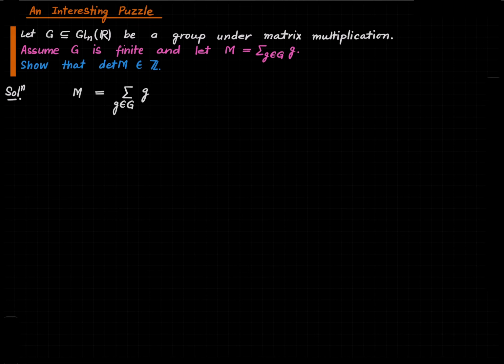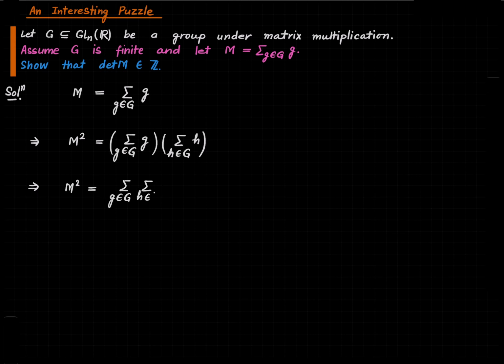this sum, and the main idea is to square M. Suppose you square M, then you get this equation, which we may write like this, and this implies that M squared is equal to that.